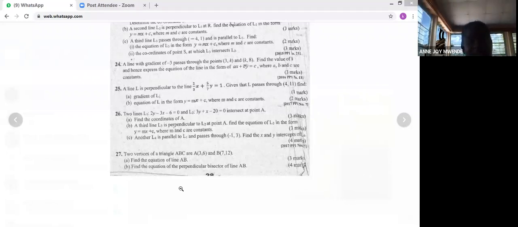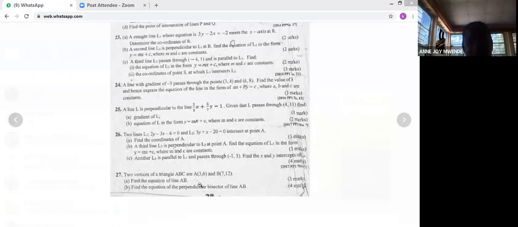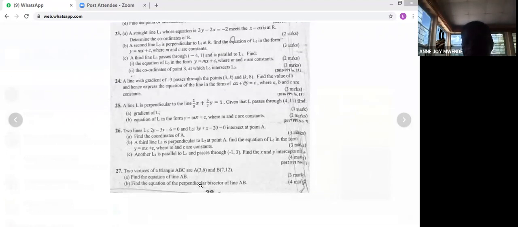Yes. And next, if you have a question, that question is well done. Then let's look at number 27, for the remaining 5 minutes. We have now the triangle.